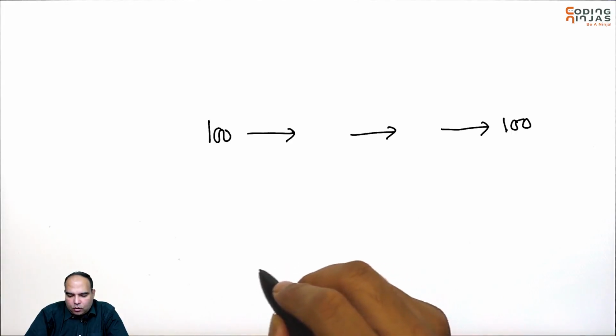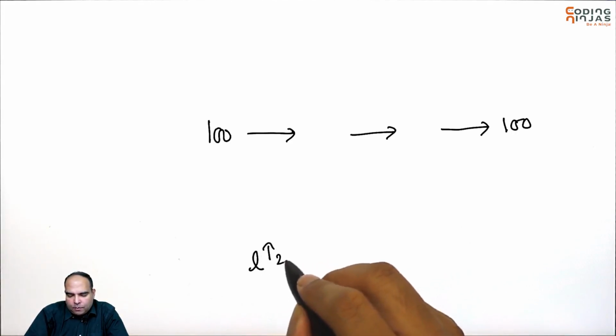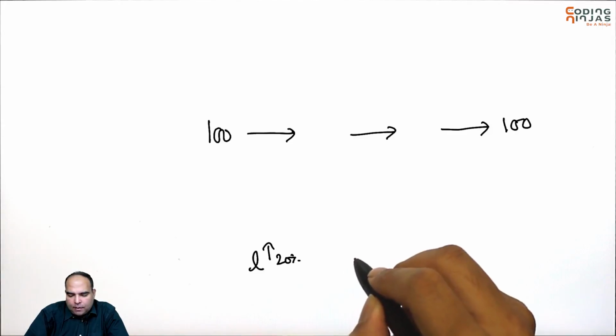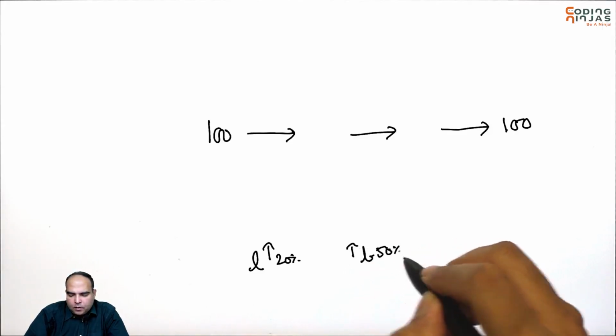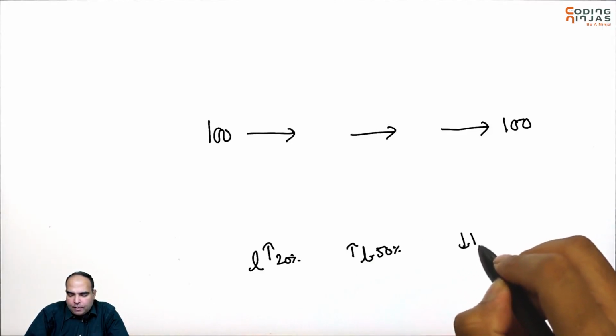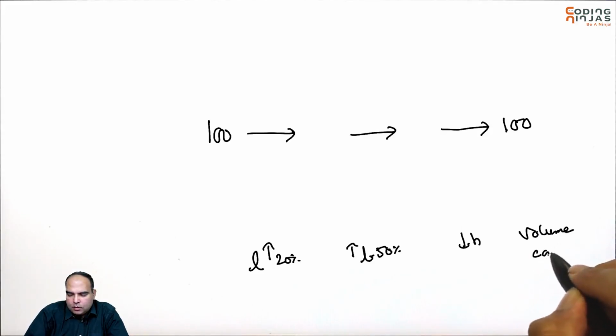So if I tell you that the length of a cuboid has gone up by 20%, the breadth of the cuboid has gone up by 50%, how much should you reduce the height by to keep the volume constant? Just listen to this language and isolate this language into your head.